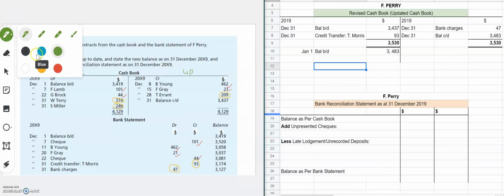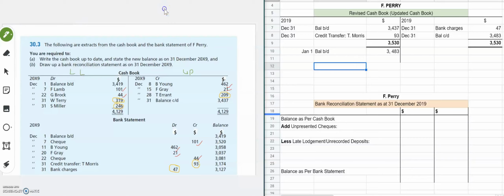It could be to suppliers or a worker, and they have not yet presented it to the bank for payment, and therefore that is why we find it on the credit side, because it's a payment that we actually made. Late lodgements would represent amounts of money that we got, but for whatever reason, maybe it could be the date that we lodged the check, it's not appearing on our bank statement as yet.